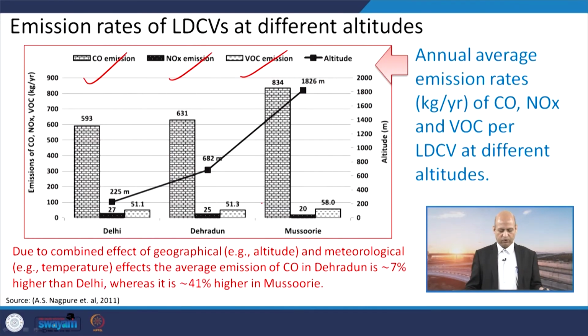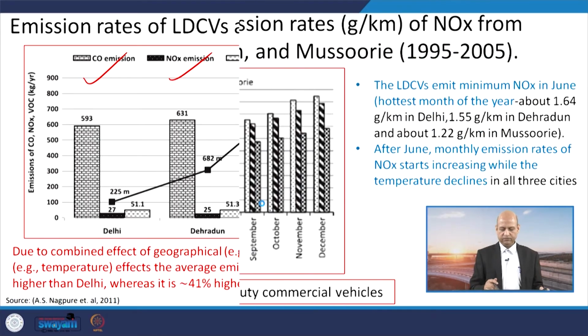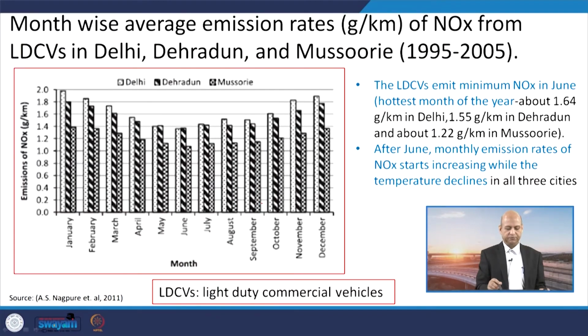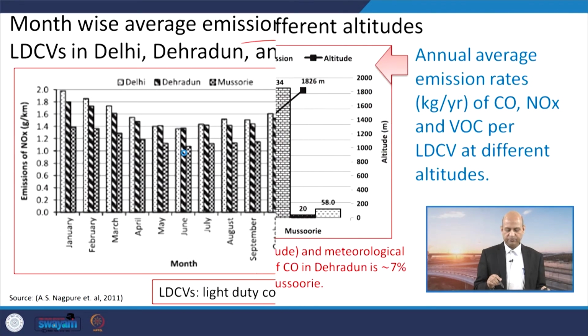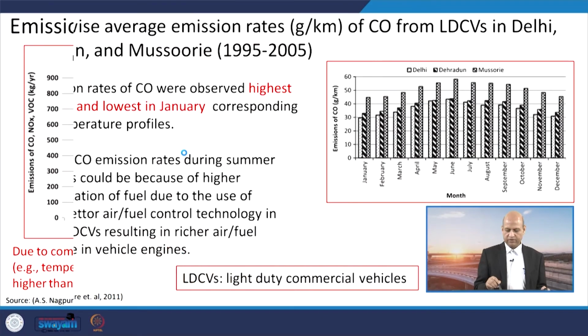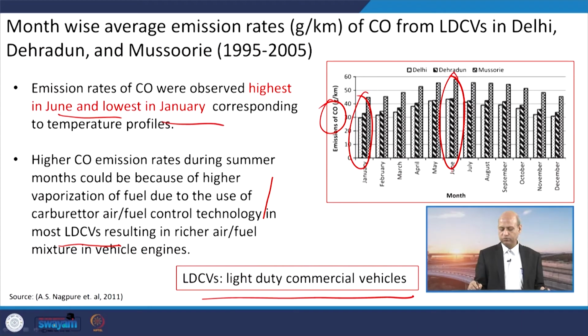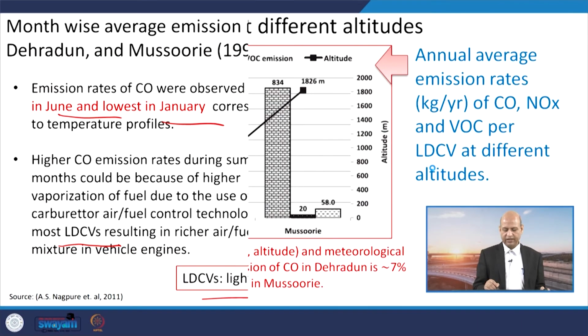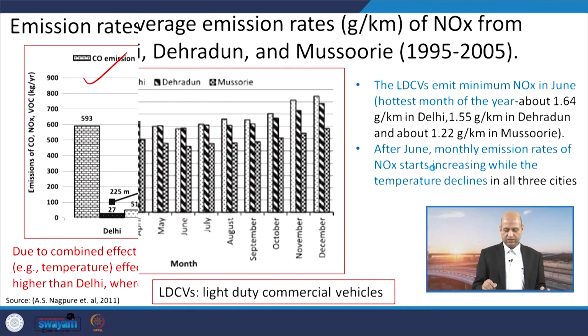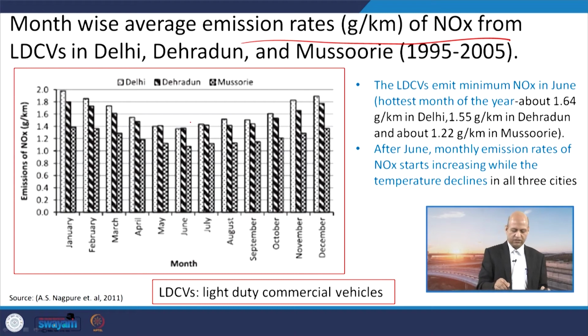When we go to the monthly emission rates of NOx, again this is different. CO was more in summer and less in winter, but in the case of NOx, in summer it is less and in winter it is more.